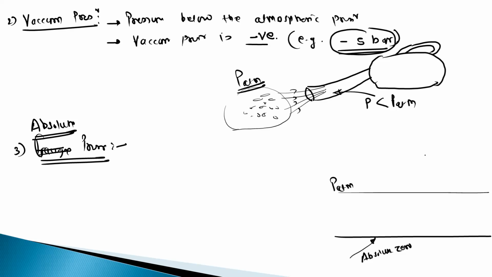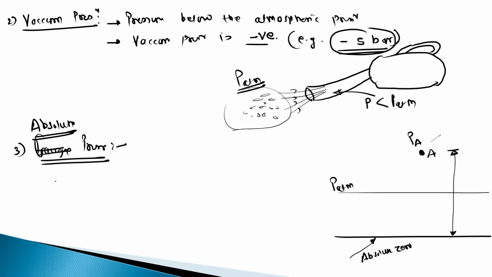Okay. And suppose we have one point which is above the atmosphere. So at this point, pressure is above the atmospheric pressure. So let us take this point A, and we want to measure the pressure at this point. So this total is nothing but the absolute pressure.